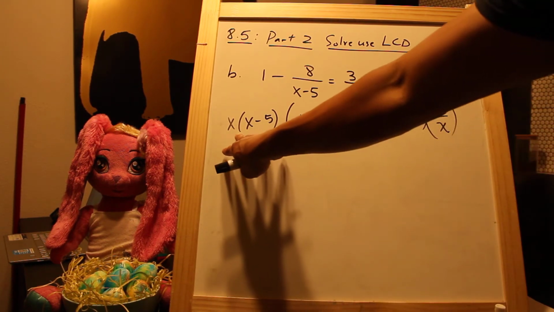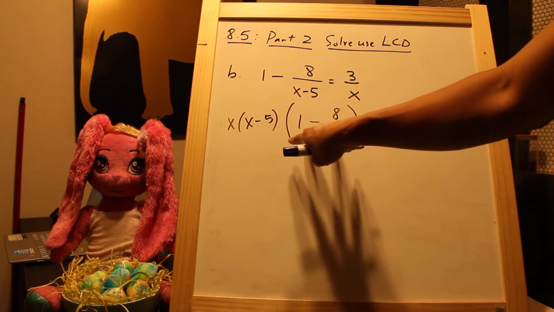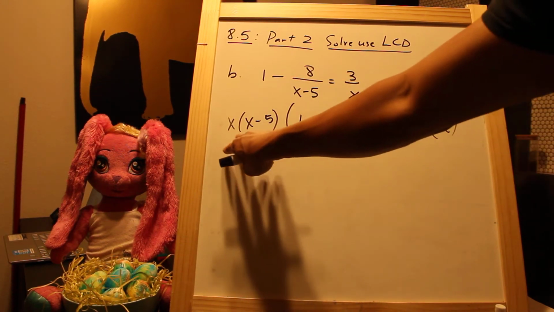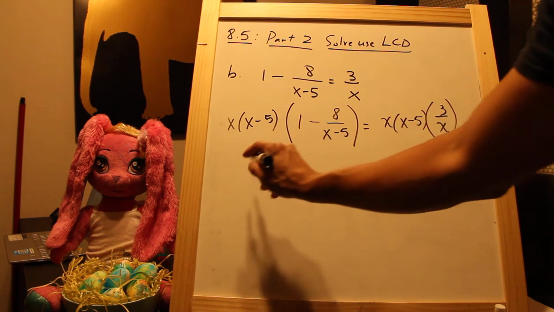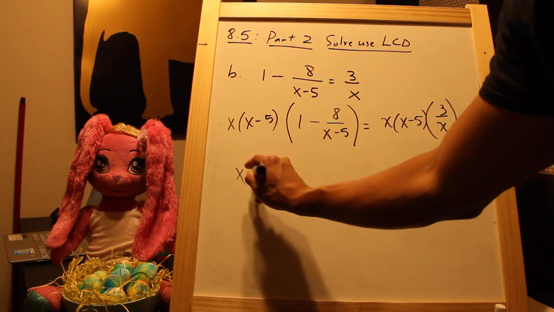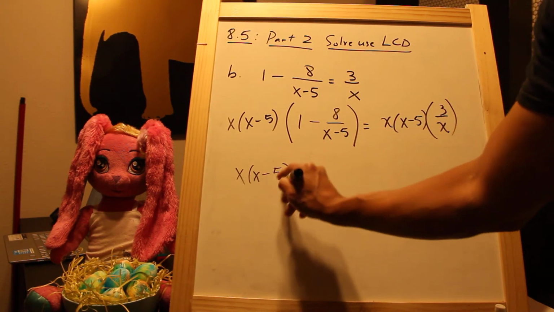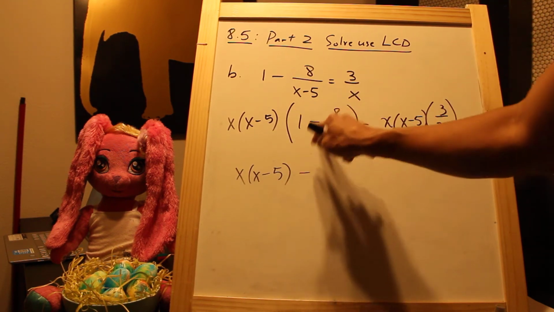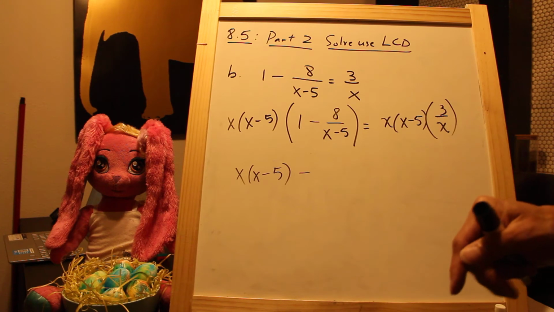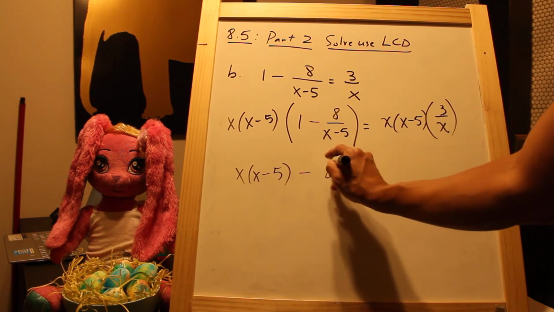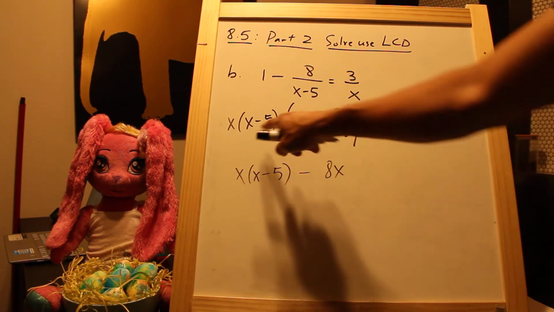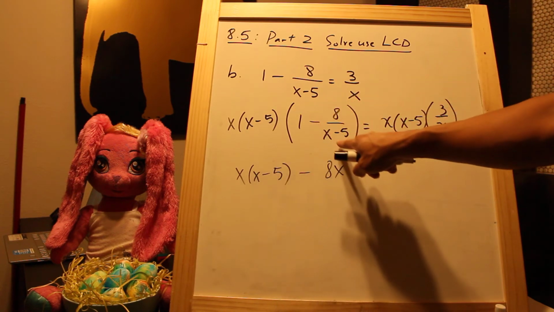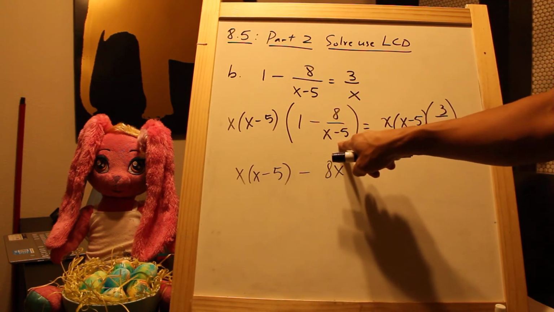So when I multiply this into everything inside here, or distribute, x times x minus 5 times 1 is just going to be x times x minus 5. X times x minus 5 times negative 8 over x minus 5 leaves me just 8 times x, because the x minus 5 here will cancel out the x minus 5 when I distribute into here.